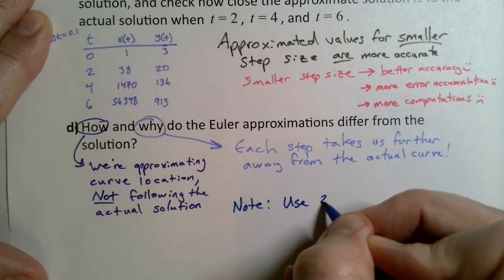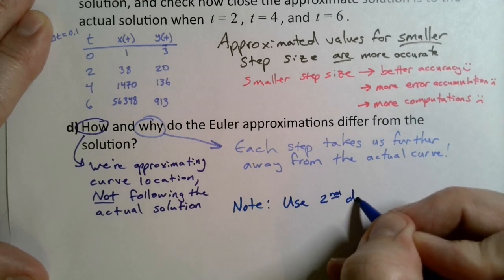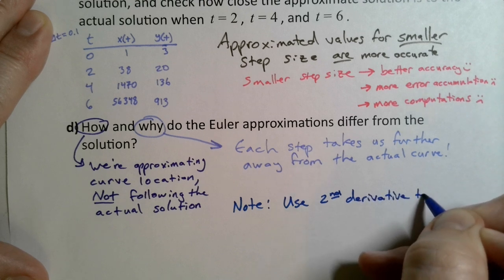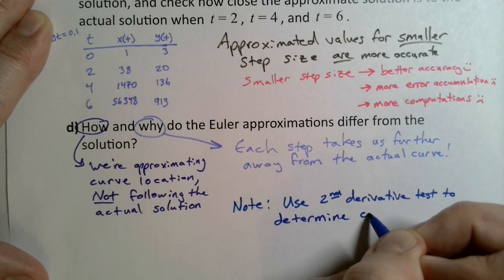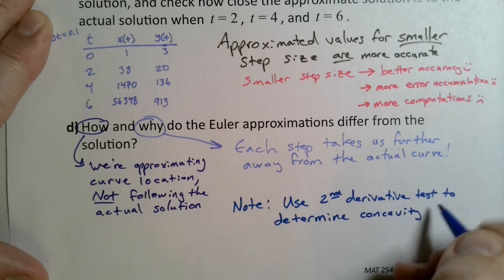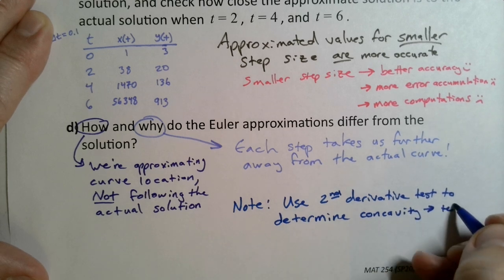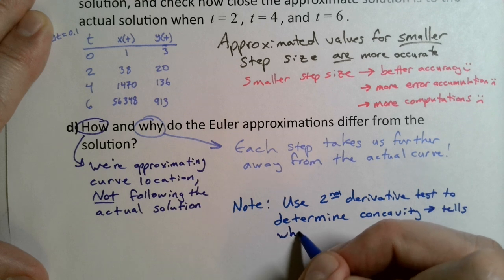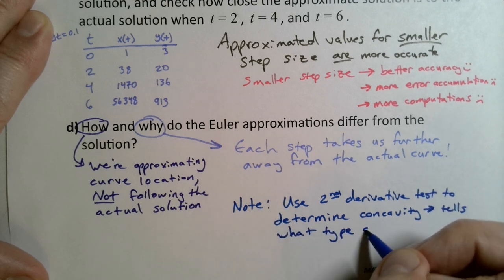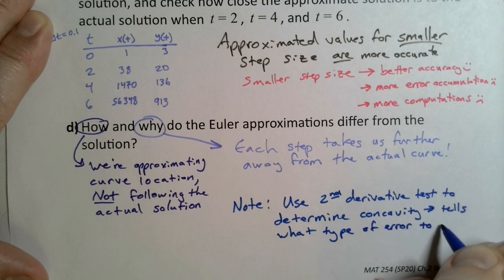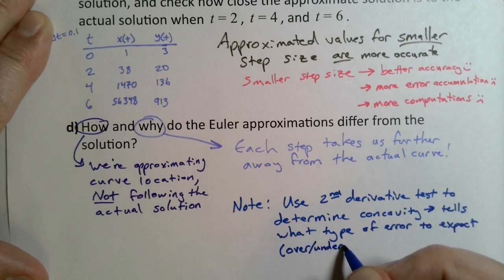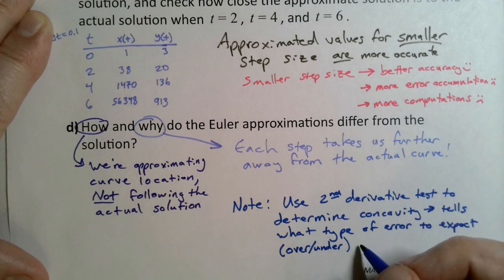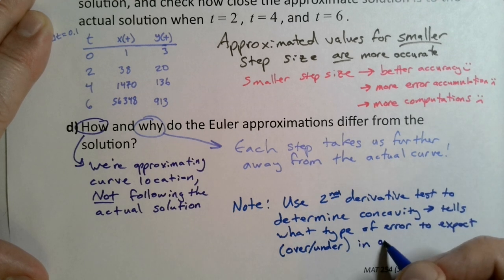If you use the second derivative test, you can determine the concavity, just like we did in Chapter 1, and that tells us what type of error to expect. And that could be an over or an under approximation. What type of error to expect in our estimates.